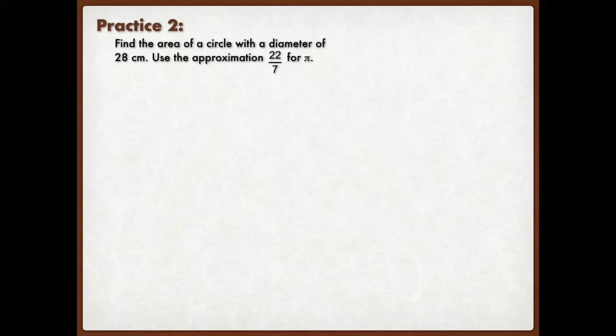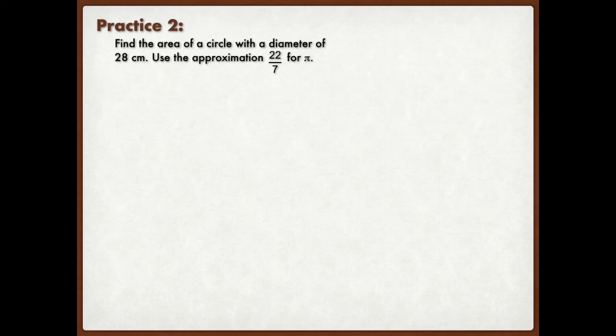So all I have to do is divide the diameter by 2. If I divide 28 by 2, that gives me 14 centimeters. But according to the formula, I have to take 14 and square that. If I square 14, so 14 times 14, that's going to give me 196.